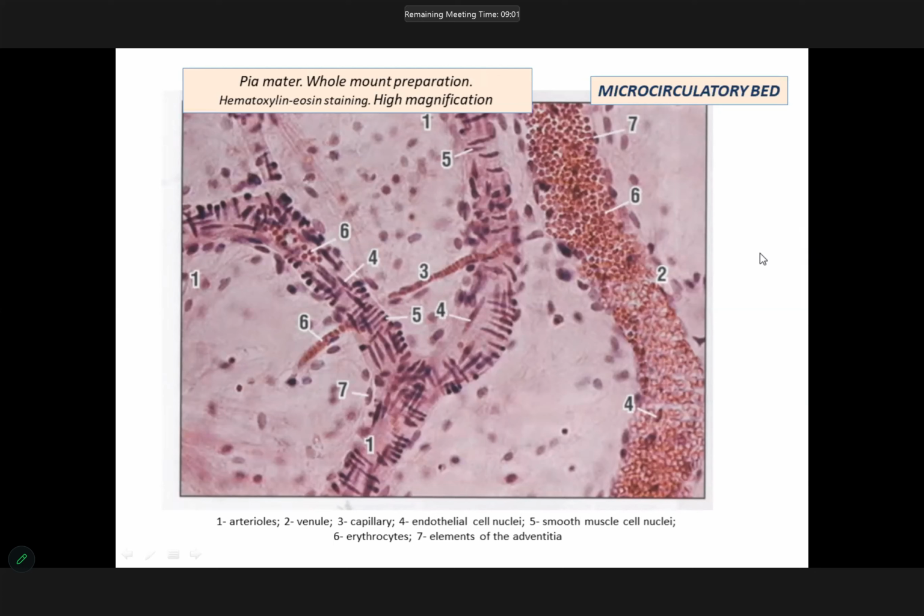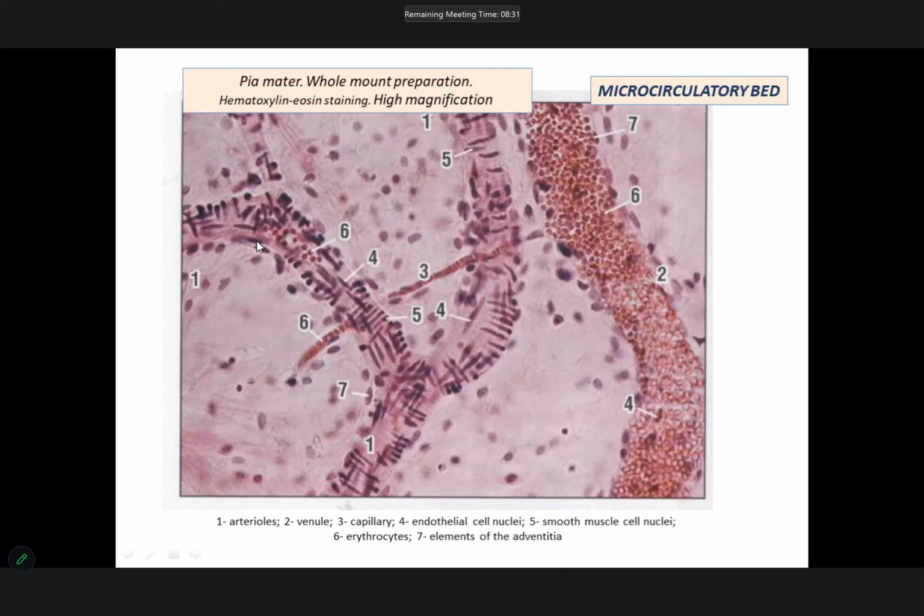And here you should be able to define arteriole, venule, and capillary. This is how the arteriole looks. It is branchy here. It's the only blood vessel here that contains circularly located smooth muscle cells, and they look like cross striation here. These are nuclei of smooth muscle cells.